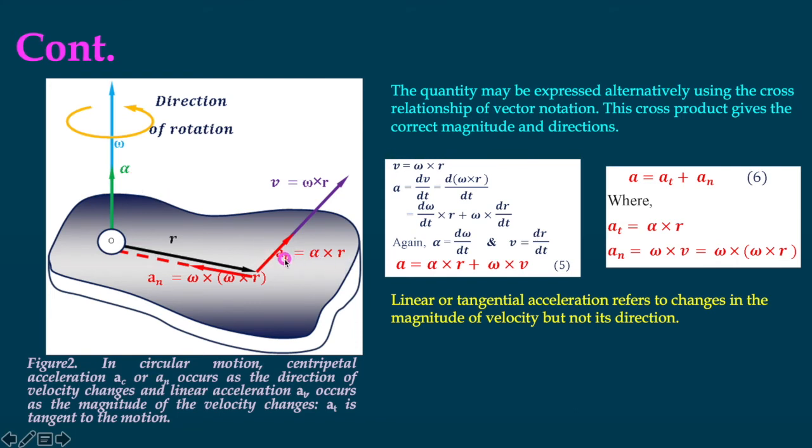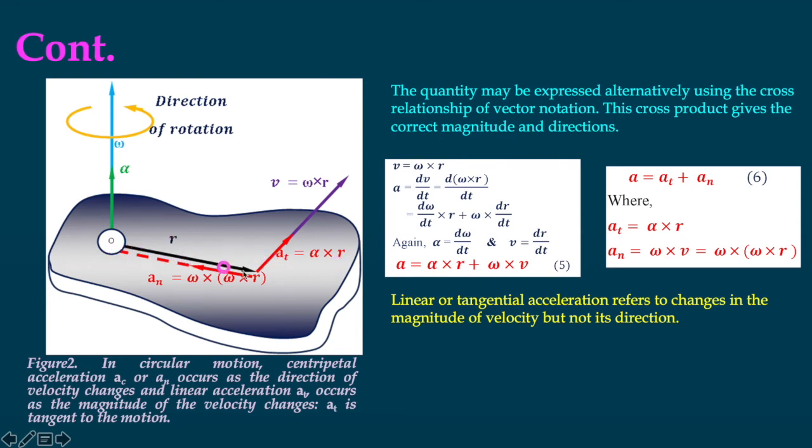The tangential component of acceleration is a_t equals alpha cross r, meaning the tangential component of linear acceleration, angular acceleration, and r are mutually perpendicular from the law of vector product.